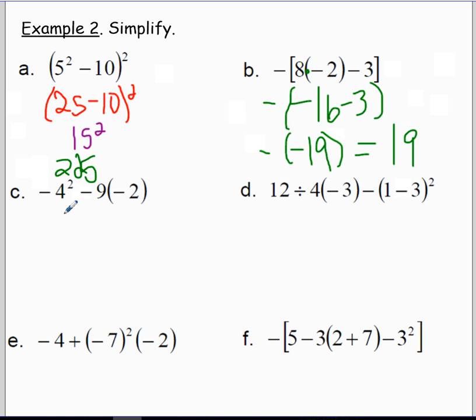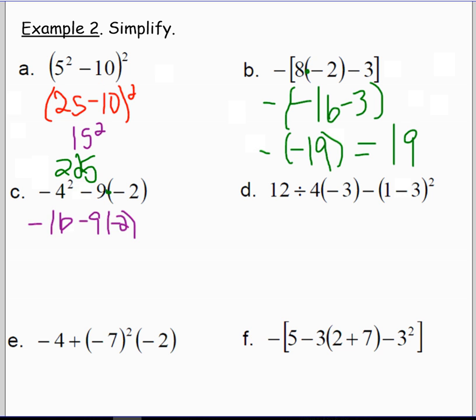We have a parenthesis here that shows a multiplication because there's nothing to do inside of the parentheses. And so exponents is the next thing on our list. We have the negative of 4 squared, so negative of 4 times 4, which is 16, and minus 9 times negative 2.